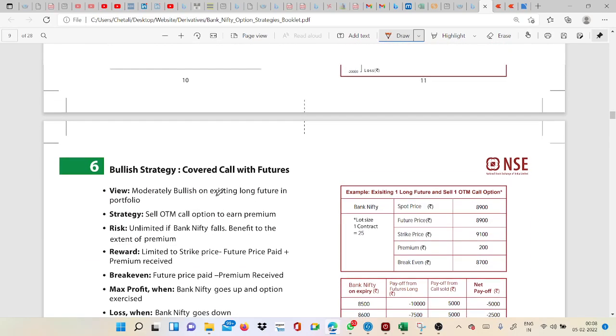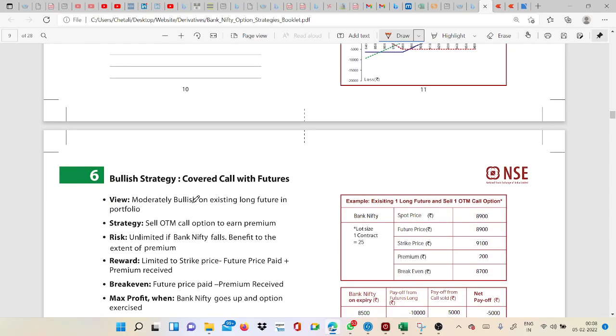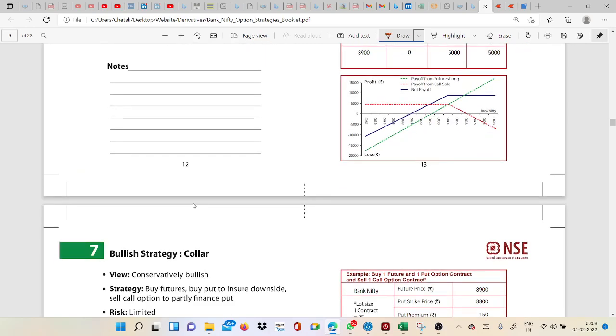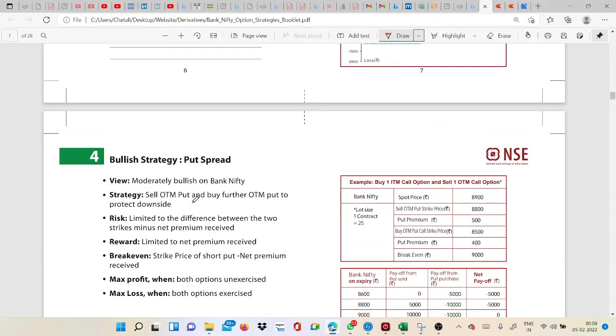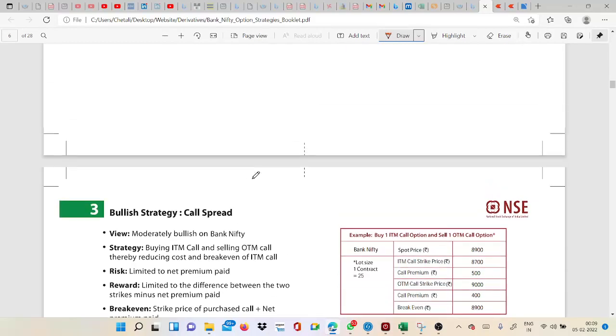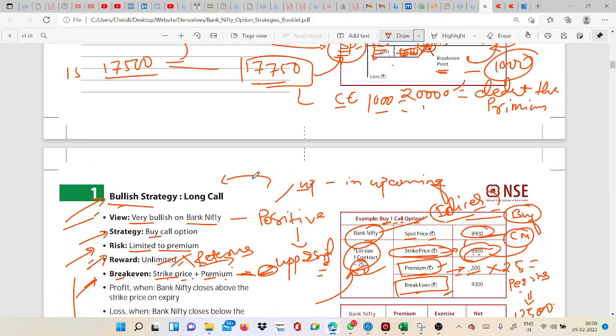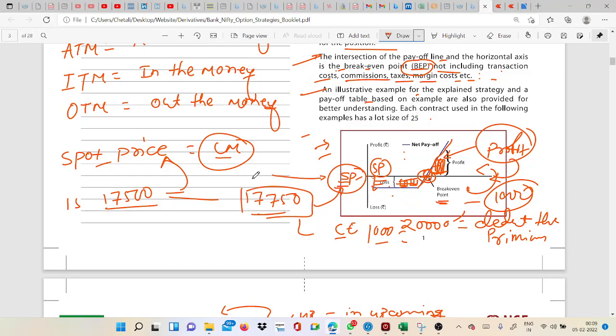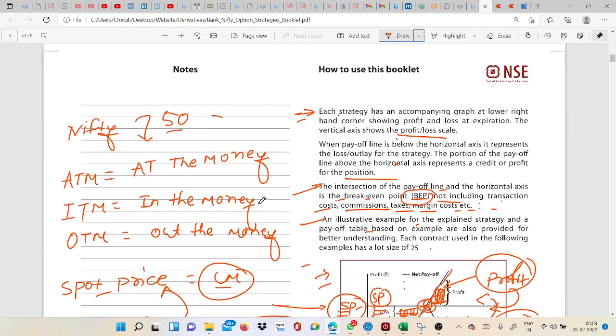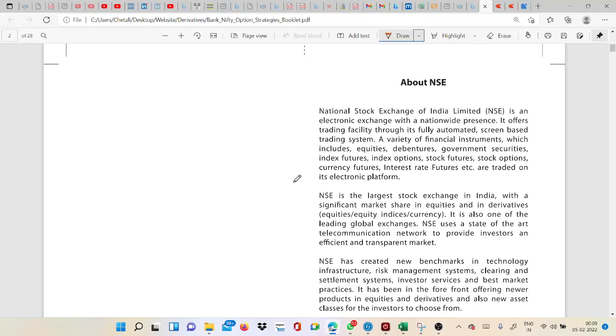I don't want to discuss the strategies because there are so many strategies in this particular document, but I just wanted to cover the terms which you can see in the derivative contract, especially in put and call options, and how they work. That will give you a good understanding of put and call options, and help you understand them in a better way.